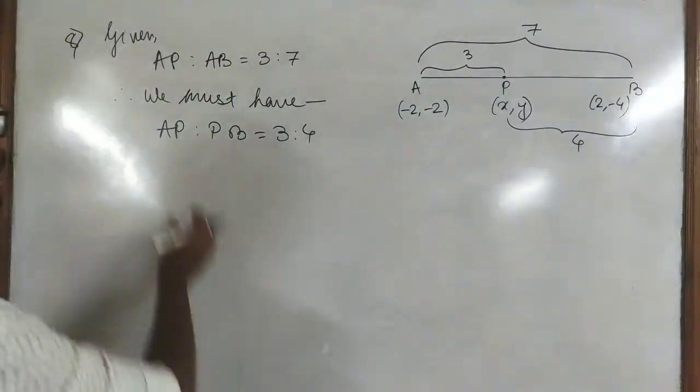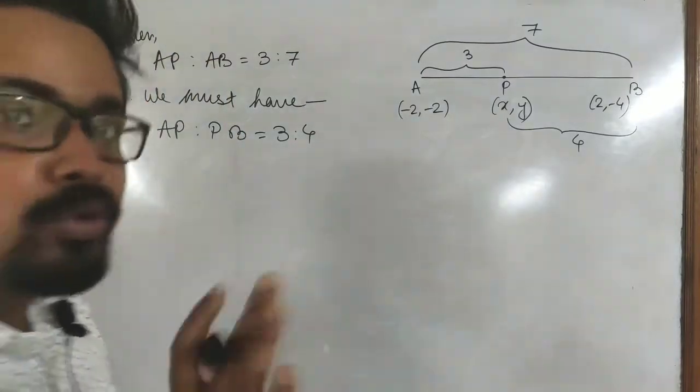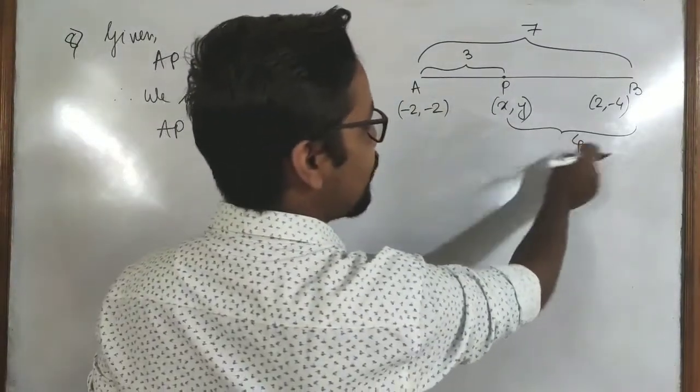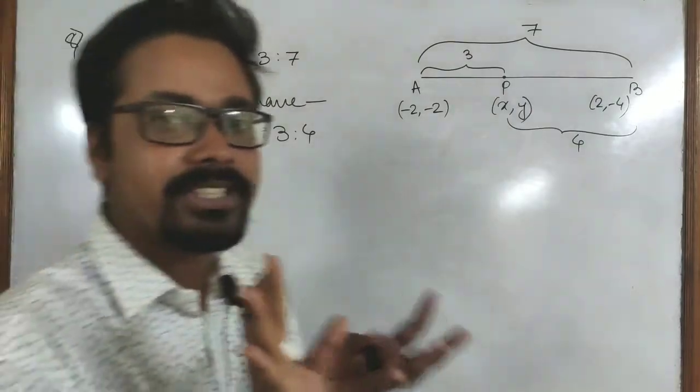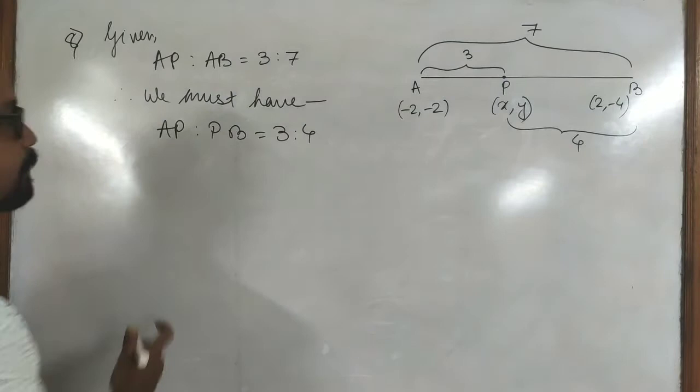So now we have the ratio AP is to PB, that is, in the section formula m1 and m2 we have now. m1 is 3 and m2 is 4. Now we can use the section formula to find the value of x and y in P, right? So let us try and do that.